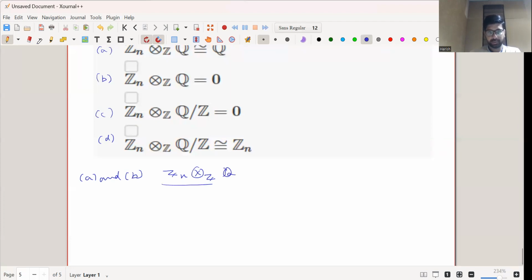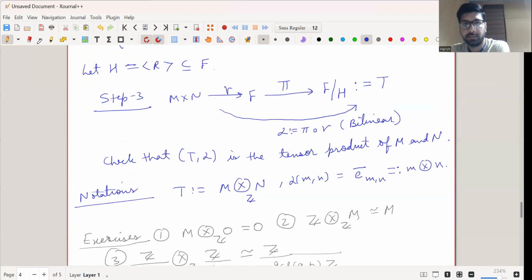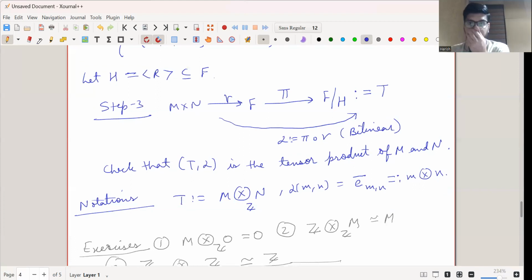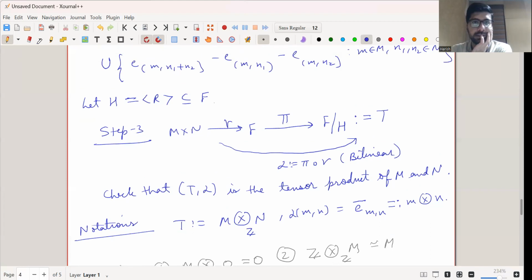It is nothing but the module generated by. So to come to the definition of tensor product once again, it's a free module over M cross N under this map gamma.